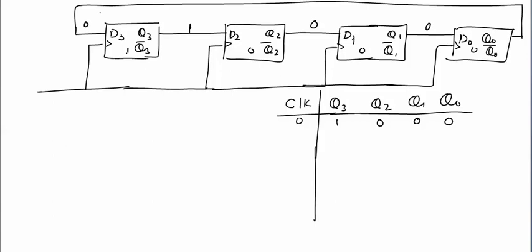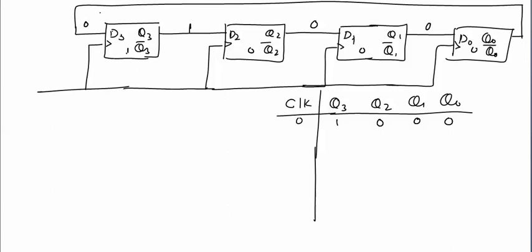Note one thing. Before this, we studied the asynchronous counter, in which the first flip-flop operated, then the next flip-flop would operate, then the next to that would be operated. But in these synchronous counters, the same clock pulse is applied, and all the flip-flops will be triggered at the same time.